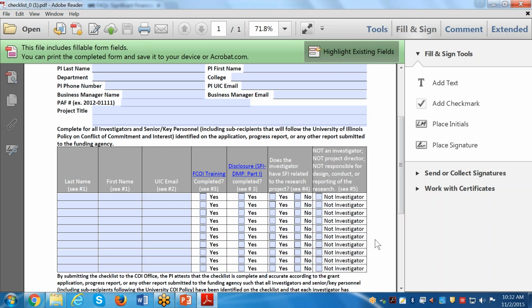So it depends really on what you want that consultant or collaborator to do, and they may not be involved in design, conduct or reporting, and you can indicate they're not an investigator. However, we have worked with other individuals who said the consultant or collaborator is going to be named study author, and that's somebody you would need to do the compliance component with.